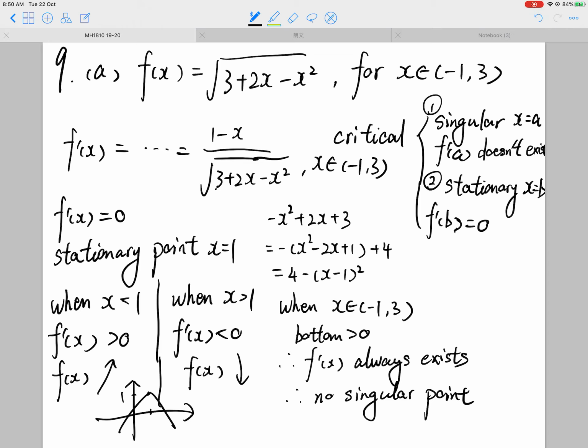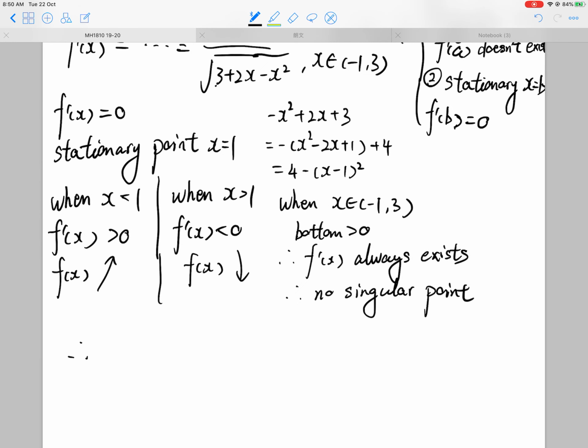Greater than 1, the function is decreasing, which means this 1 is its local maximum, okay? So this is the first way we can figure out whether it is a local maximum or local minimum.